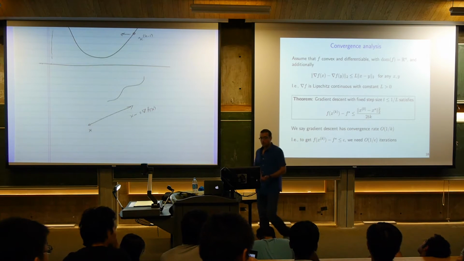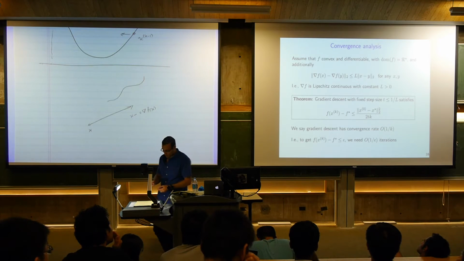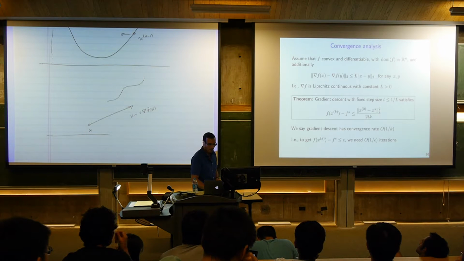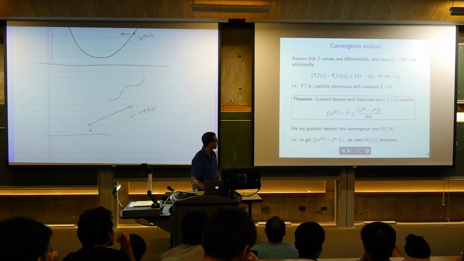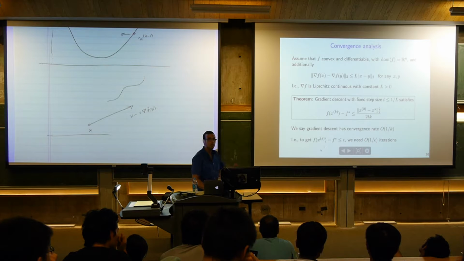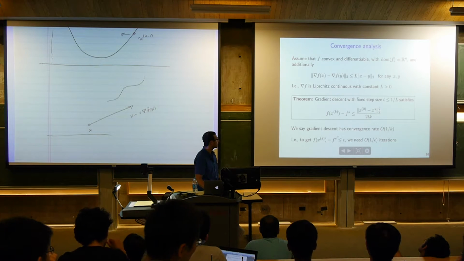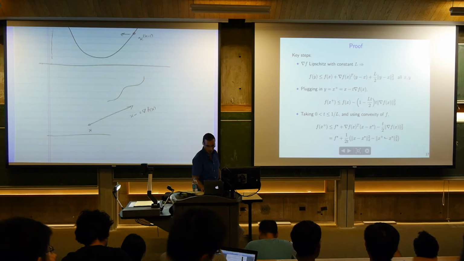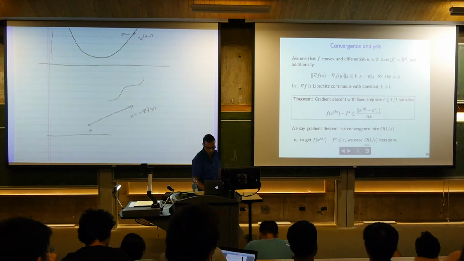We can also flip this around. If we want a suboptimality of epsilon, how many iterations do I need? How big does k need to be for this to be true?